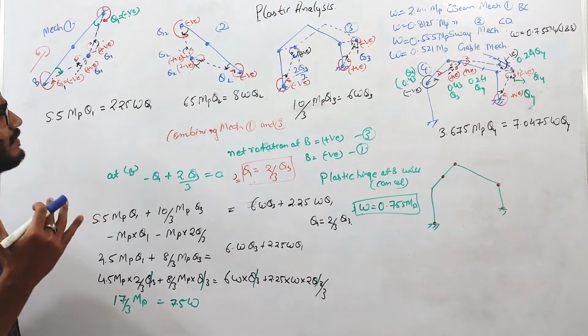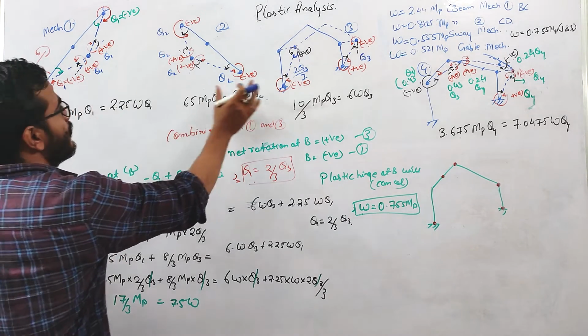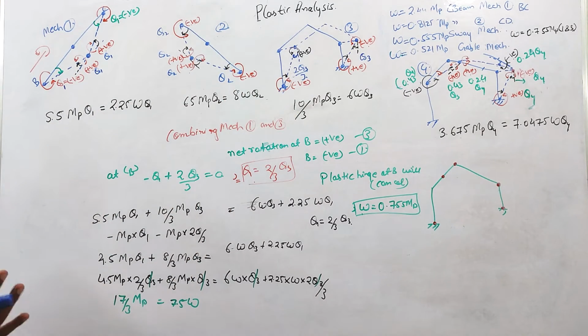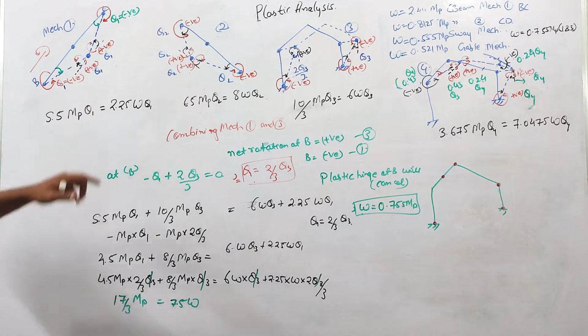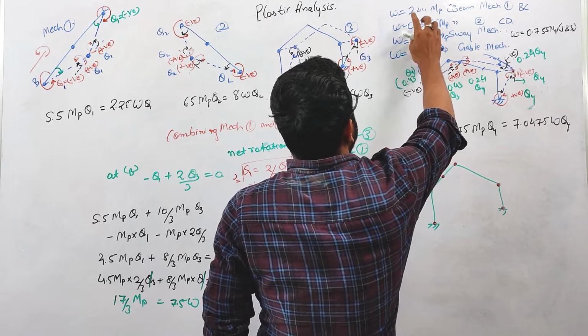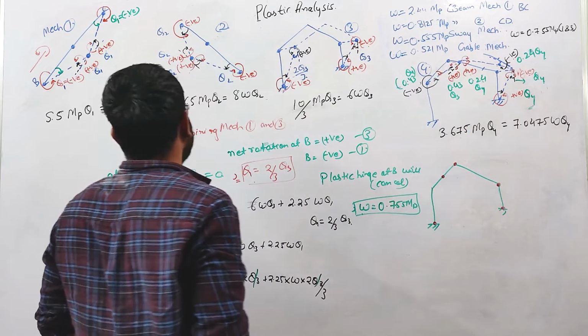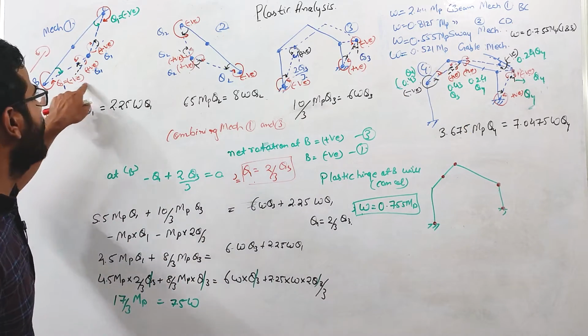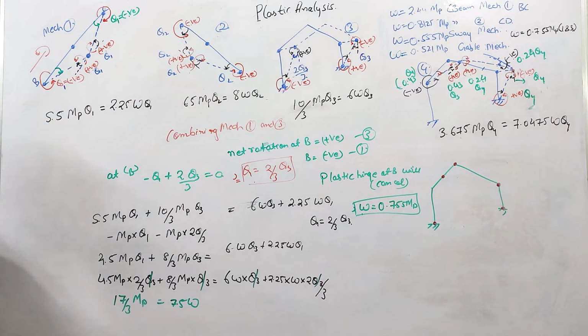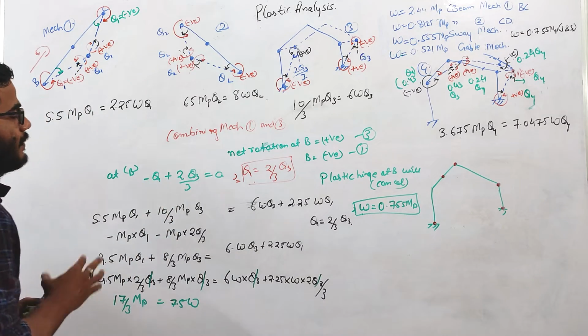Chances are very small that combining this mechanism with this mechanism will give me the critical value, because this load is maximum and much larger than these three values, right? So now this thing is done. I hope this is clear to you.